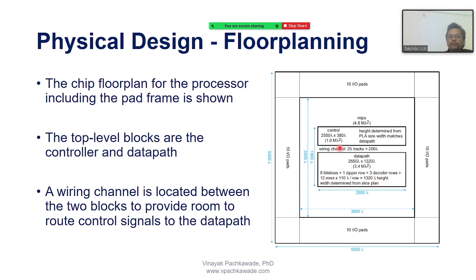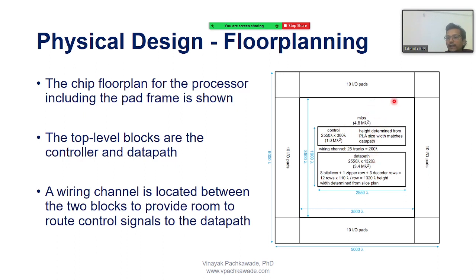This is the chip floor plan for the processor, including the pad frame. So pads are also given. You can see now the core logic is sitting in this square box, and the pads also have a comparable size, right? Now the top level blocks, here it's shown control, then data path.